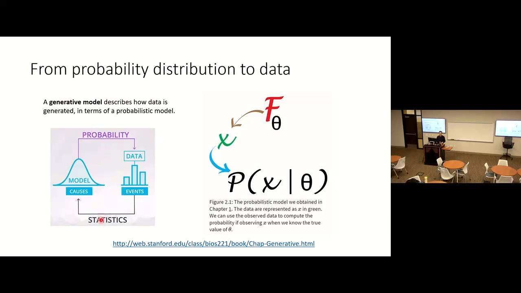So this is basically the model, the distribution, and theta is a parameter, and you want to generate your data from the model. This model should fit your expectation very well. This procedure is called statistical modeling.